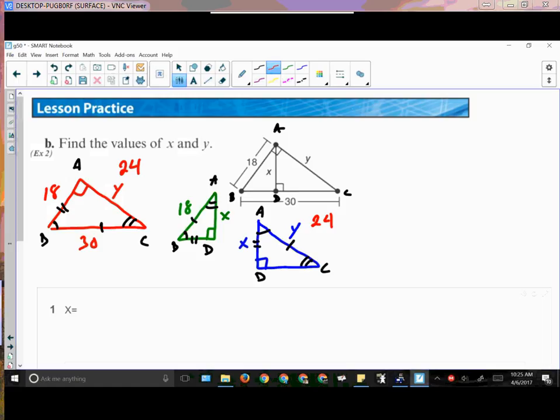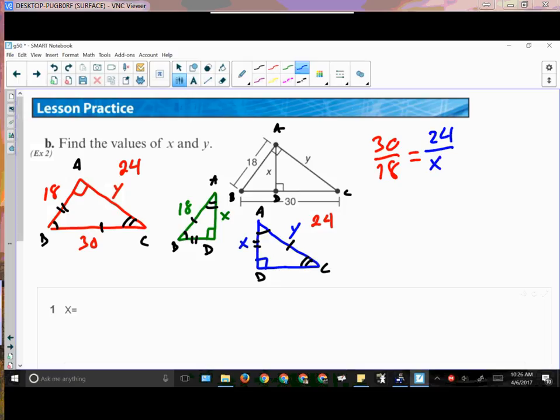Now can I easily find X? The answer is yes. I've got all the information over here. X is going to be identified in either one of these. It won't really matter. So if I take the hypotenuse inside 2, over here that would be 30 over 18. This is going to be equal to, over here, 24 over X. That makes sense?